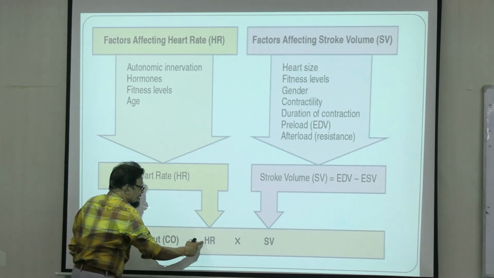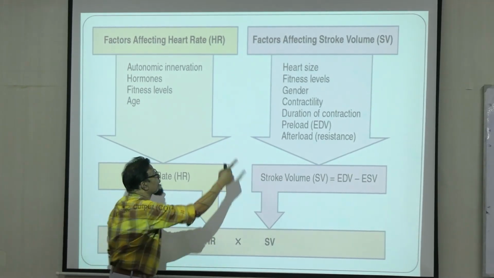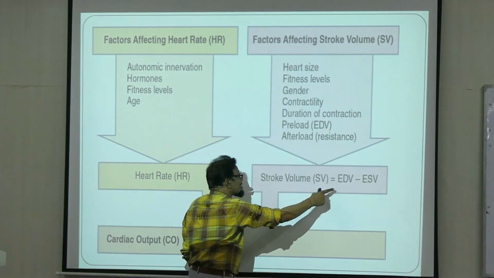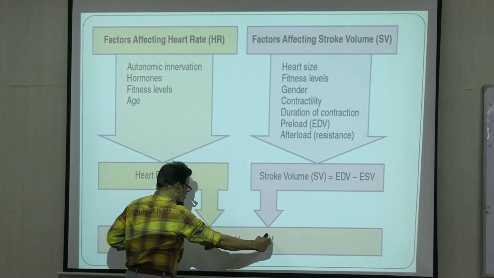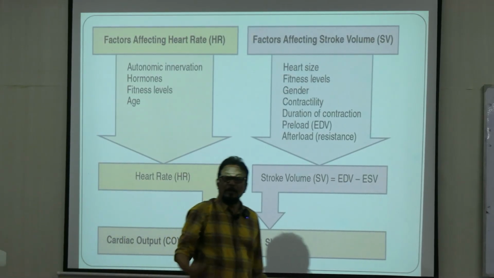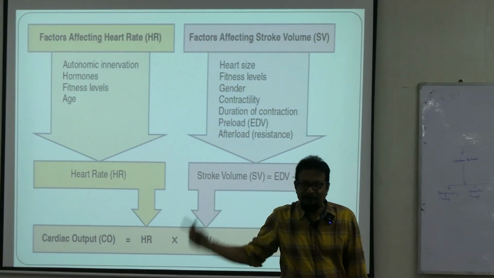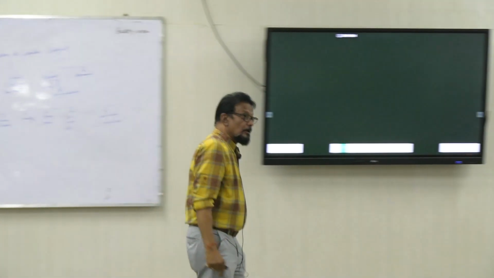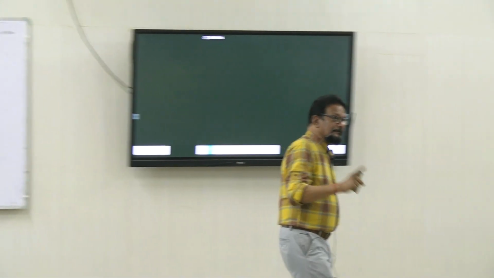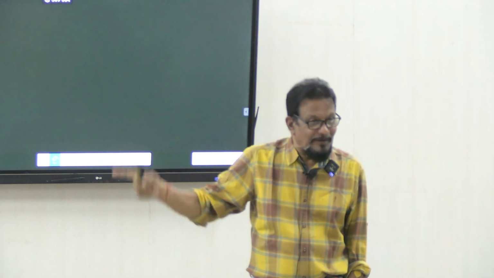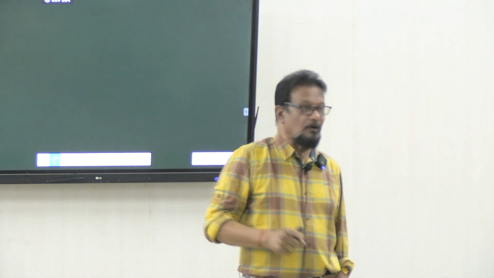Here also, the stroke volume can be increased or decreased by these factors. As a result, there will be a change in stroke volume, so when we multiply these, the cardiac output may be increased or decreased. So the factors affecting stroke volume and heart rate will also be affecting cardiac output.